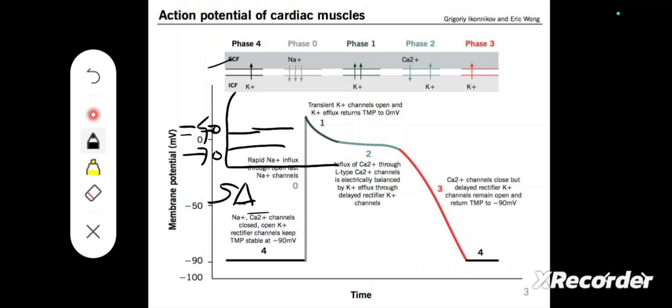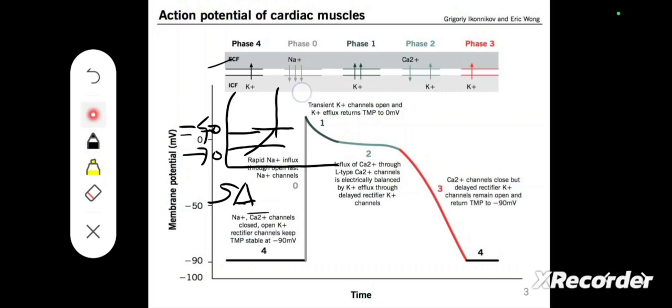The funny channels open and the slow influx of sodium ions results in the depolarization, also known as the pacemaker potential. At the threshold, calcium channels open and calcium flows into the cell, causing further depolarization. That phase is called the rising phase, depolarization, also known as the action potential.